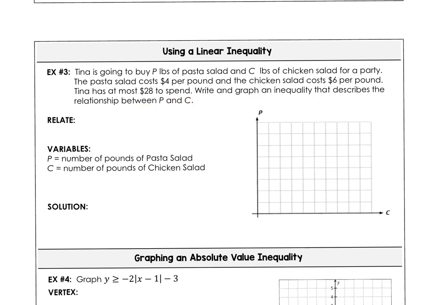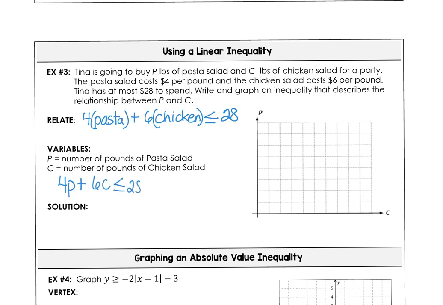So if I relate that verbally, I would say 4 times pasta, plus 6 times chicken. So this is the cost, and that has to be no more than $28. So she could spend exactly $28, but we've got 4P plus 6C is less than or equal to 28.